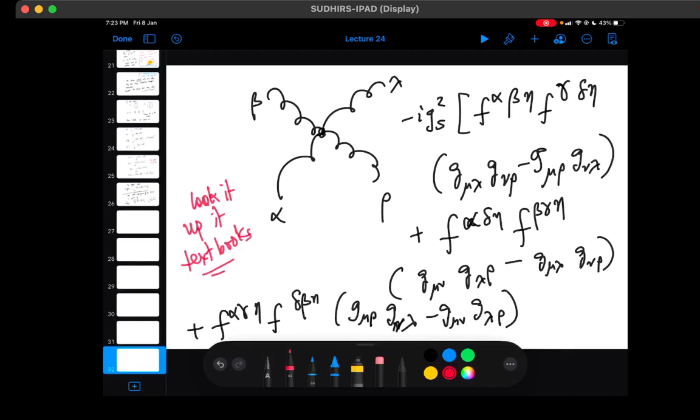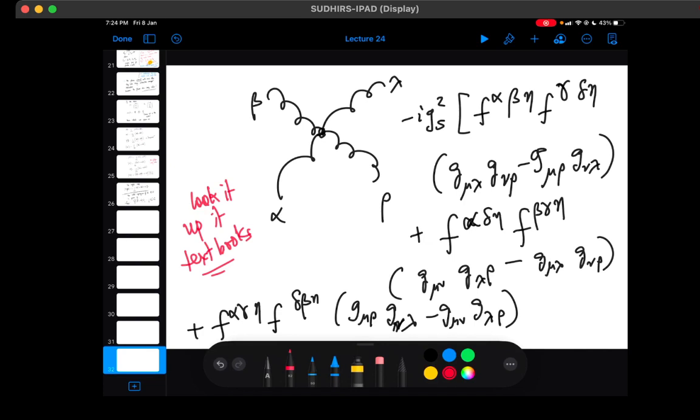We'll try to replicate the simple processes that we have seen in QED, so something like quark anti-quark going into gluon pair, gluon pair going into quark anti-quark, which is a replication of pair annihilation and pair production, then also Bhabha scattering.